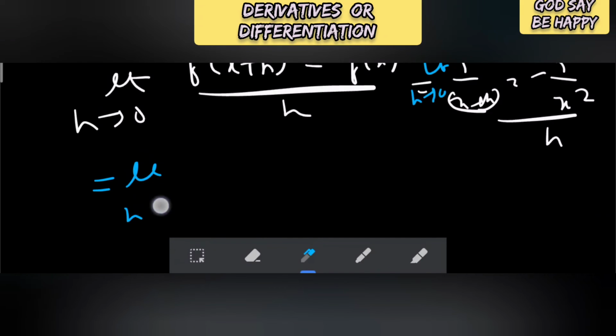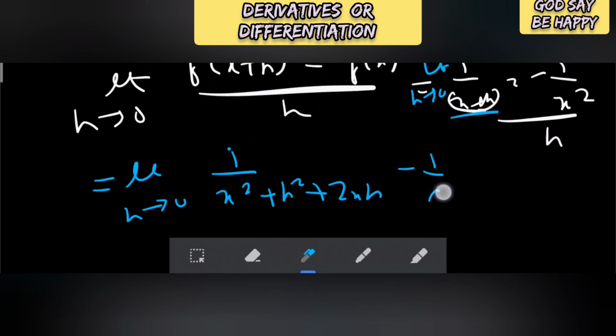First let's open this bracket. So 1 upon (x square plus h square plus 2xh) minus 1 upon x square, divided by h.